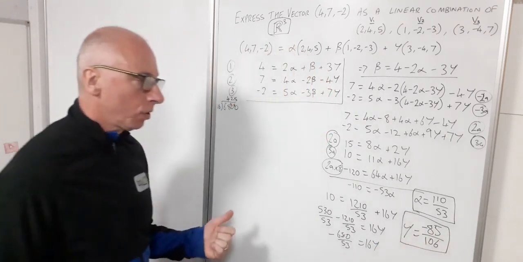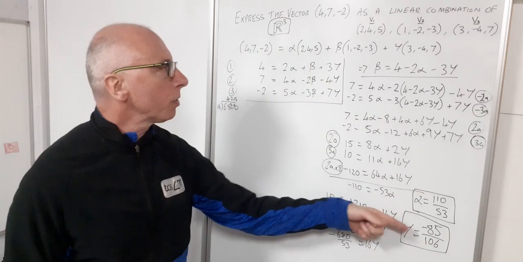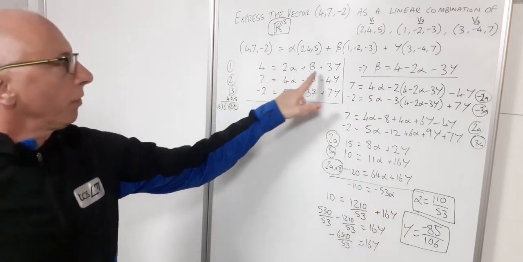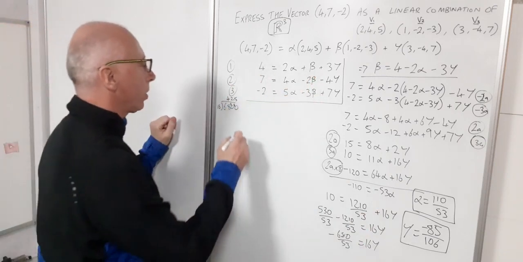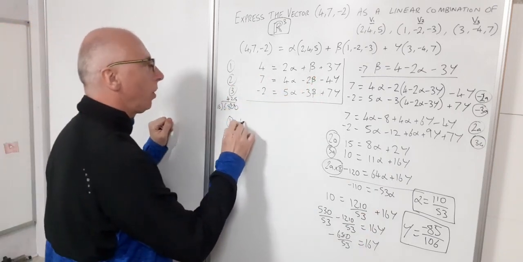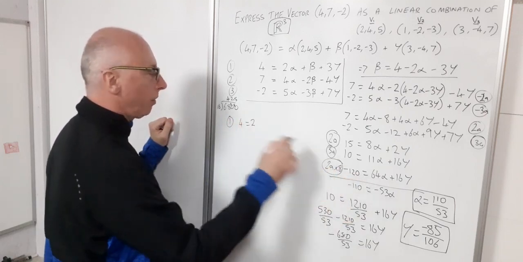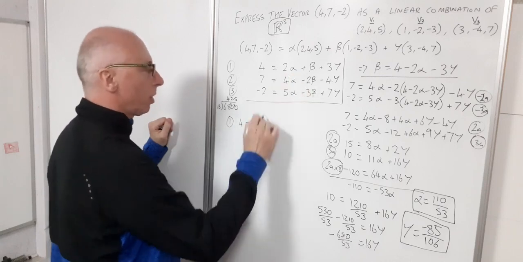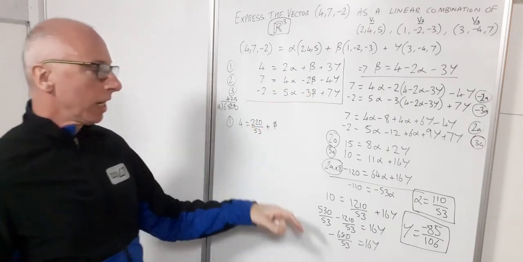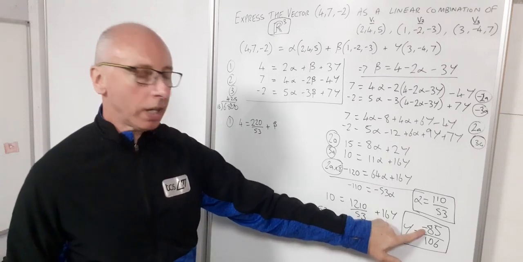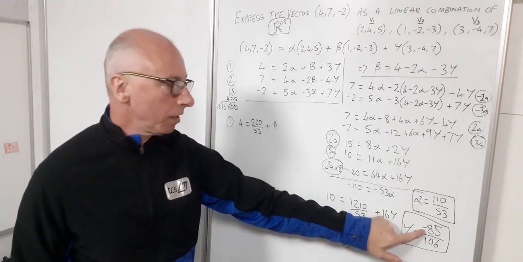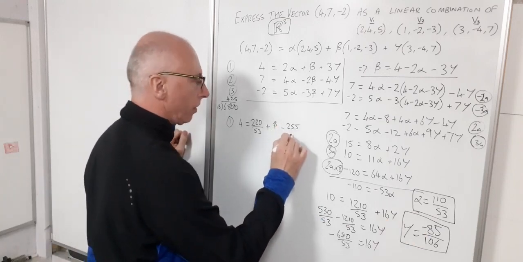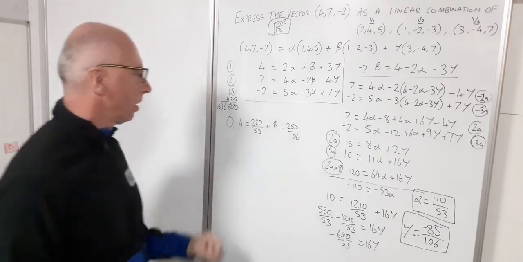So I've got two variables already sorted. Now I can plug those into one of the first equations and get beta. The first one has just got a single beta, so let's use equation 1. I've got 4 equals 2 times alpha, so that's 220 over 53, plus beta, plus 3 gamma. Plus 3 of those, well, that's a minus. If I times 85 by 3, I get 255, so that's minus 255 over 106.